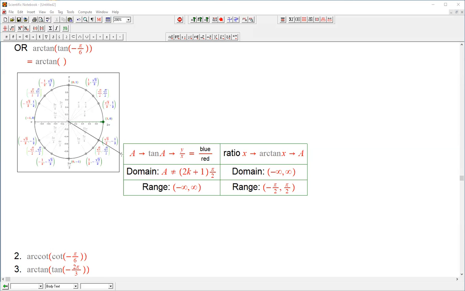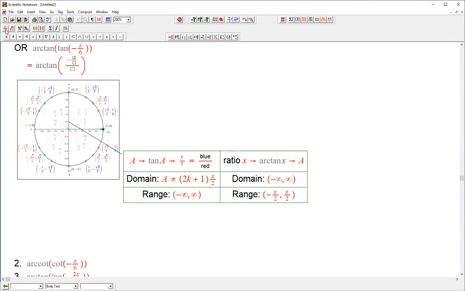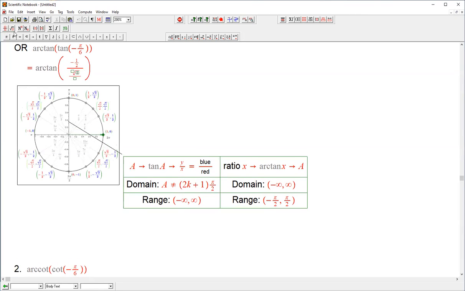On this terminal, we're doing tangent of negative pi over 6: the blue number divided by the red number. The blue is y, the red is x. You're going to do that division. The blue number is negative half, and the red number is √3 over 2. That's the first step.